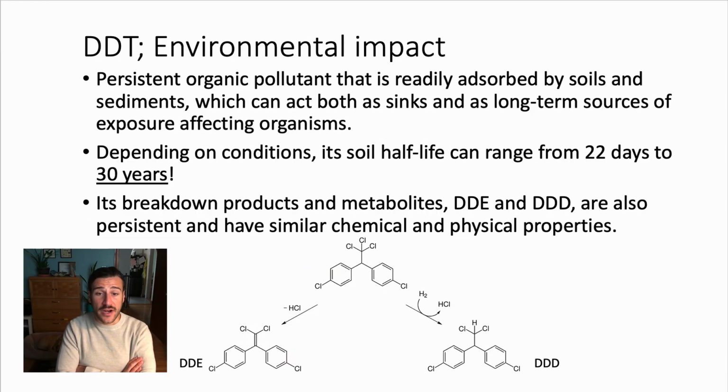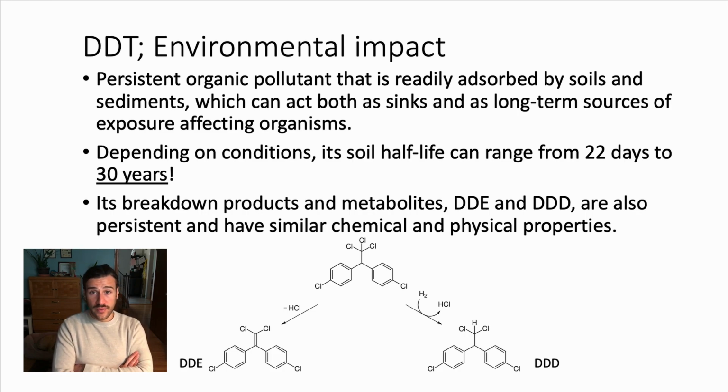Moving on to the environmental impact. DDT is a persistent organic pollutant that is readily absorbed by soils and sediments. So these soils and sediments can act both as sinks and as long-term sources of exposure affecting organisms.